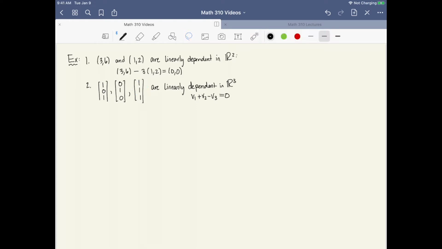So if I see that vector 1 plus vector 2 is equal to vector 3, then equivalently I could say vector 1 plus vector 2 minus vector 3 is equal to the 0 vector. That's what's written here. So this is my linear dependence relation in either form. The non-trivial solution to the vector equation is taking the scalars to be 1, 1, and minus 1. Because of this non-trivial solution, I have that these vectors are dependent.